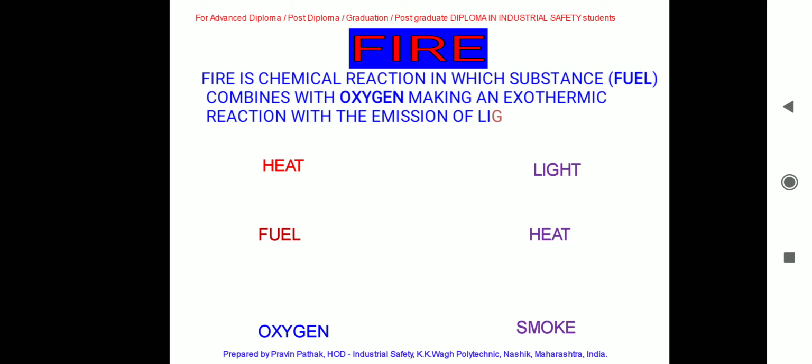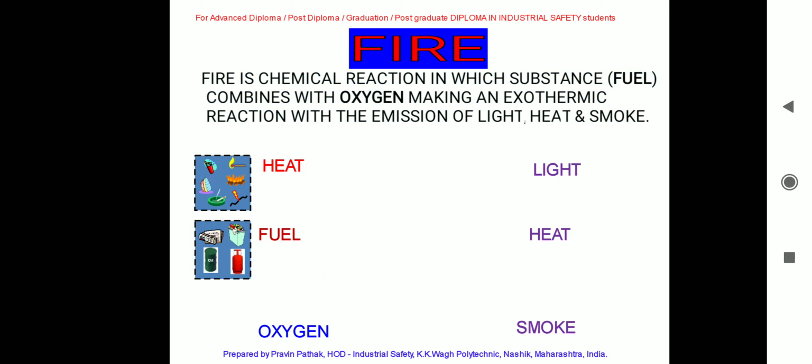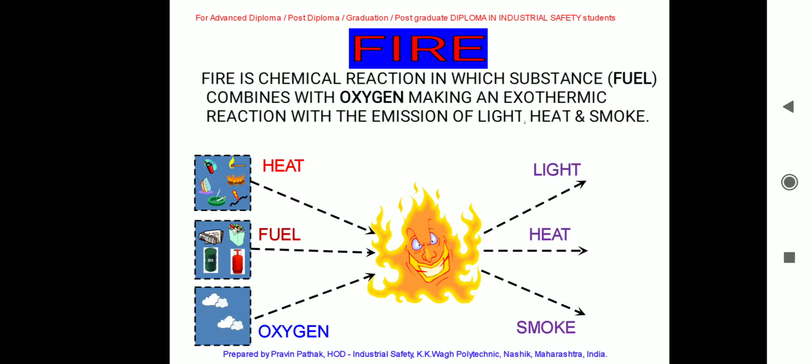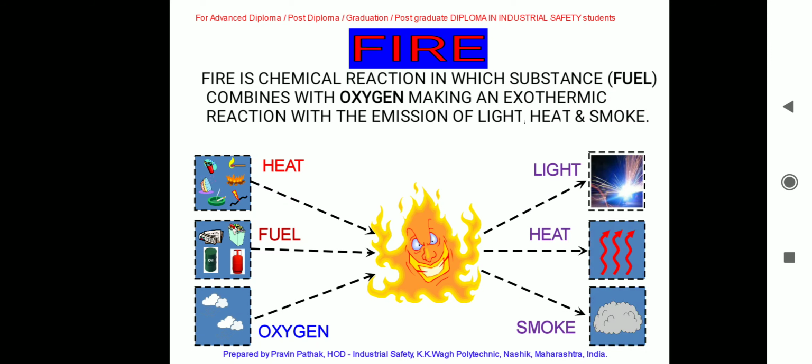So normally we know fire, but it is a chemical reaction in which 3 elements, that is heat, fuel and oxygen, combine together and fire catches. After fire, there is light, heat and smoke. These 3 can be the outcome of this fire.